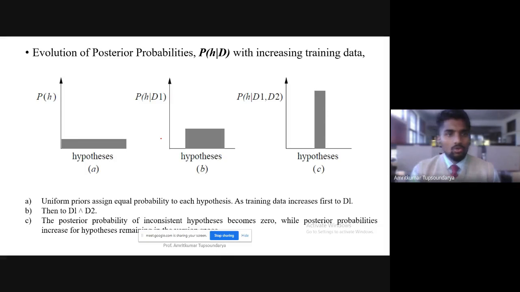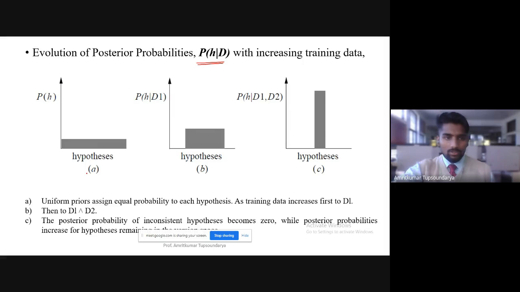A little background about the evolution of posterior probability. How do we have this evolution of posterior probability? As you can see from the diagram here, the posterior probability increases with the increasing training data.